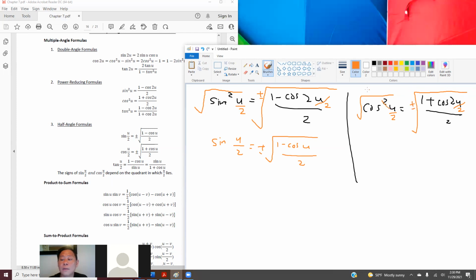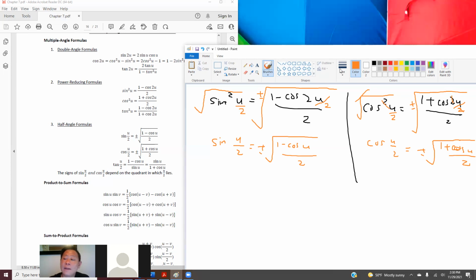Don't forget the plus minus. So we will get cosine u over 2 equals plus minus the square root of 1 plus cosine u over 2, because this becomes cosine u in this case. So that's where you get the middle one. And for tangent u over 2, if you divide these two, you will end up with this formula.